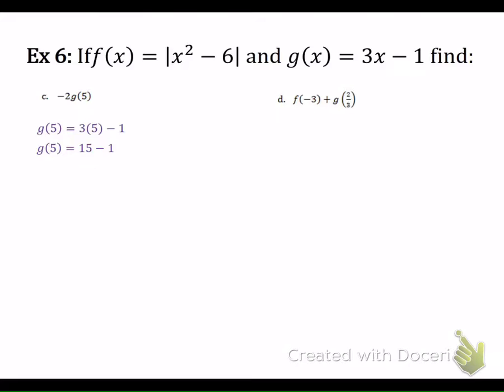And what's 15 minus 1? 14. That's not it, because I have to multiply the g of 5 by -2. So negative 2 times g of 5, but I already found out that g of 5 is 14. So you get a negative 28.